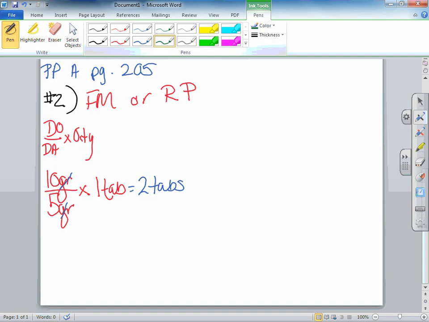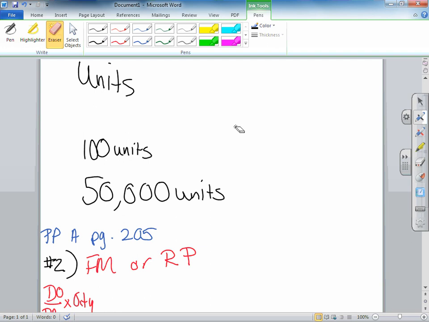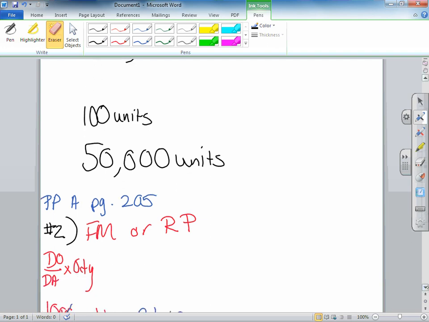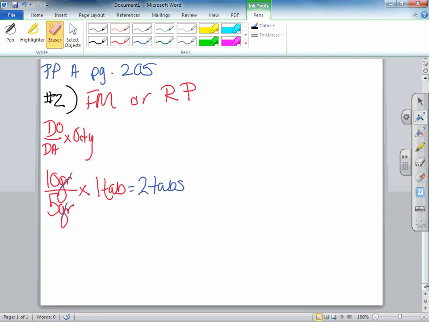We can use the ratio proportion method where you take what you have in stock. So what I have in stock is 5 grains over 1 tab equals what the order is asking. The order is asking for 10 grains.